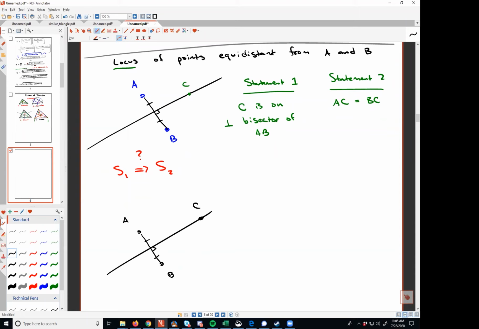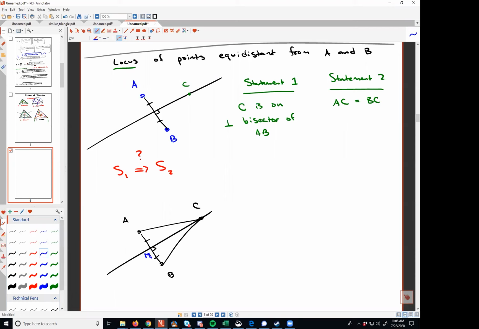If it's the midpoint of AB, we're already done, because by definition, AC equals BC. But for any other point, what can we do with this diagram? We want to prove that AC equals BC. What do we see? We form an isosceles triangle.